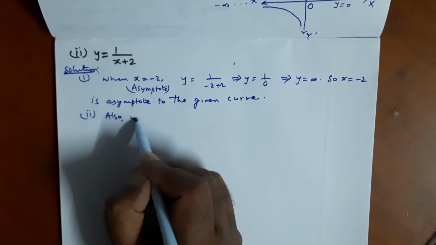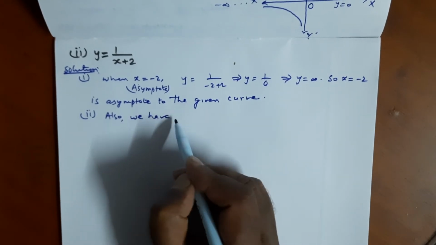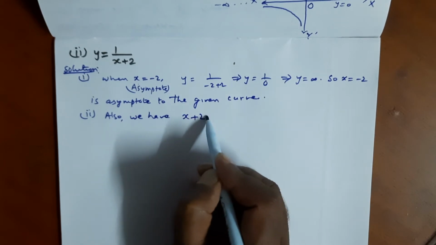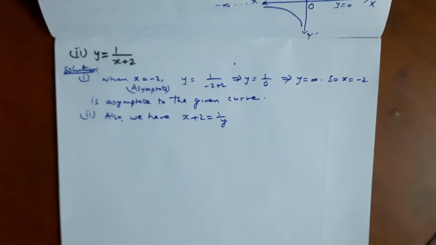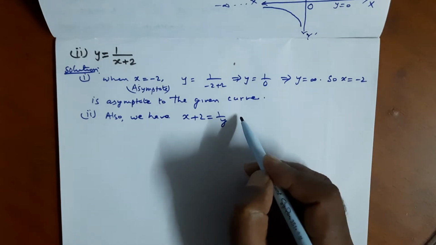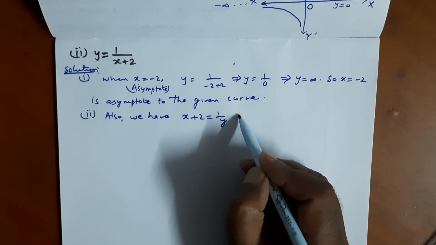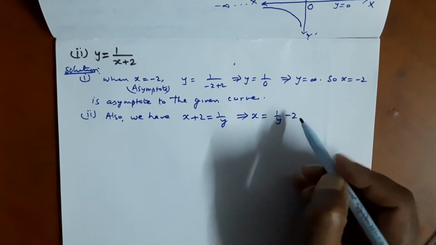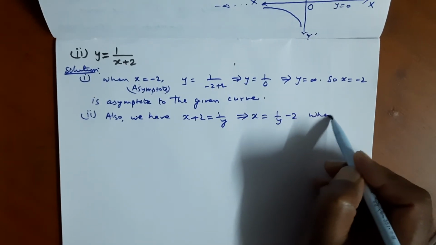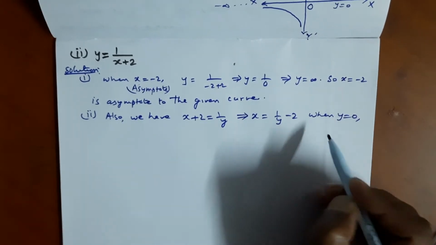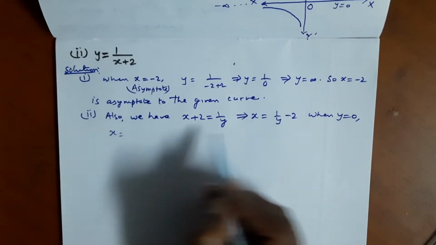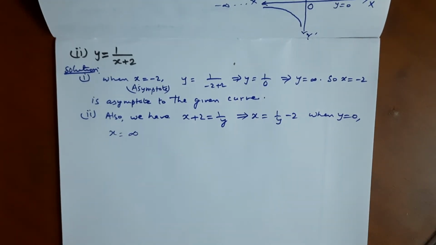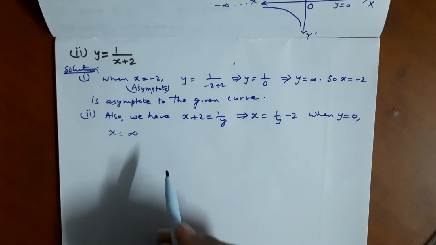Also, we can write x plus 2 equals 1 over y, and this implies x equals 1 over y minus 2. So when y equals 0, at the time x will be infinity. Infinity minus 2 is also infinity.